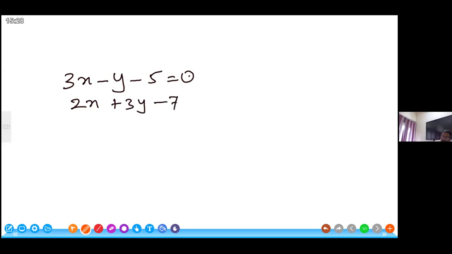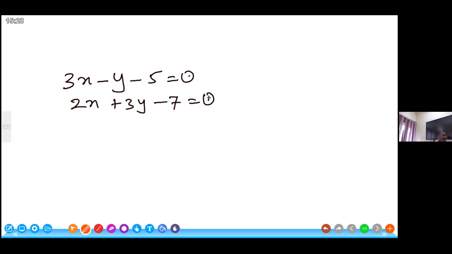Let's say 3x minus 5y minus 5 is equal to 0. This is one equation. Another equation, 2x plus 3y minus 7 is equal to 0. Okay, two equations are there.